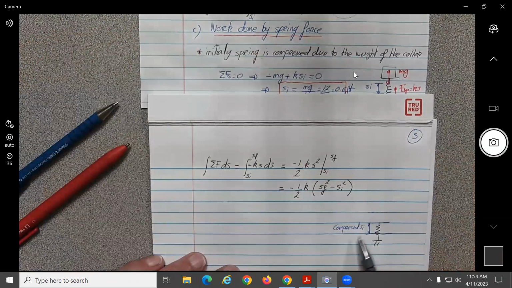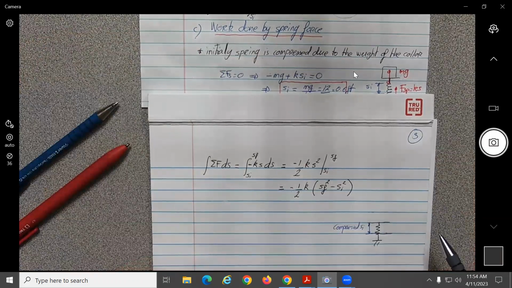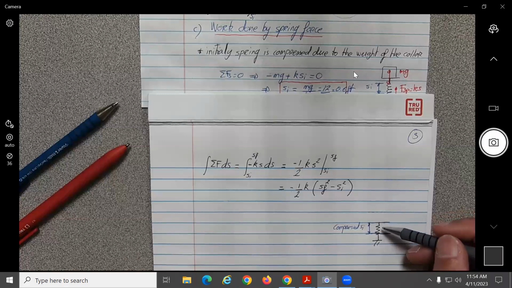So in this case, if it's compressed at initial, we have negative and negative. This will become positive. Now we need to decide what's going to be S final. So S final is just the 0.4 then, or is it 1? Final would be 1, I think. But if we do it that way, it would only be negative 0.4.